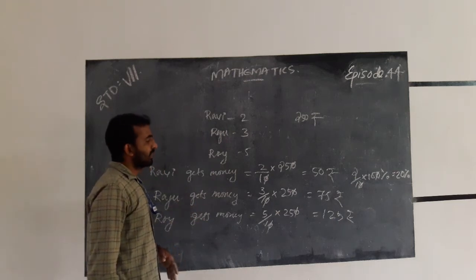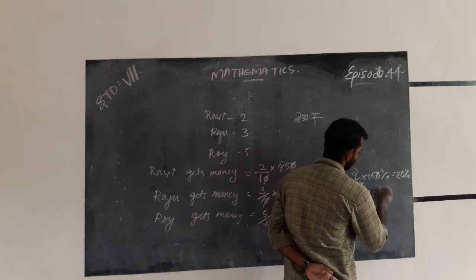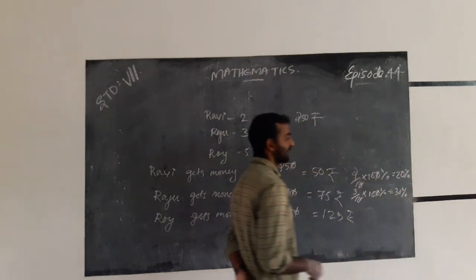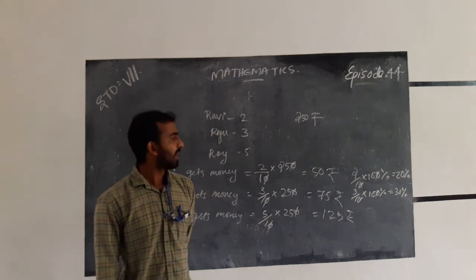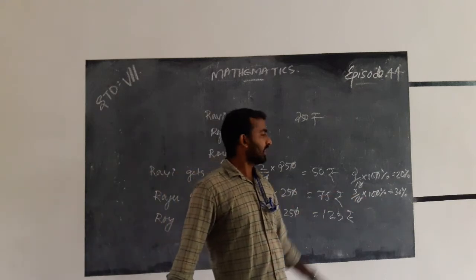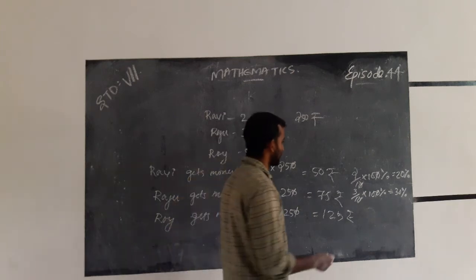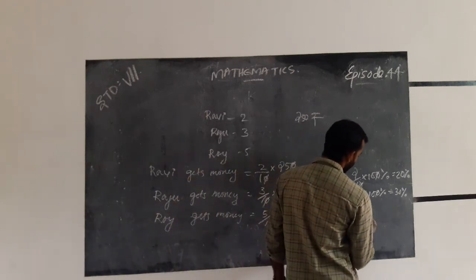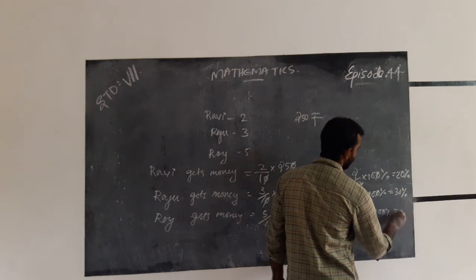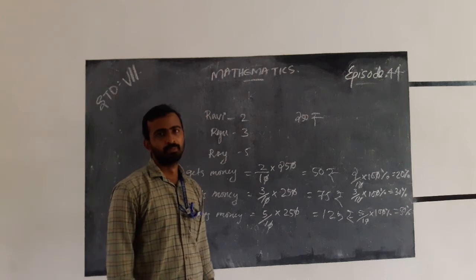Raju's percentage is 3 by 10 into 100 percent, that is 30 percent. When we simplify 10 and 100, we get 10 in numerator, 2 into 10 we get 20, 3 into 10 we get 30. And Roy's is 5 by 10 into 100 percent, that is 50 percent.